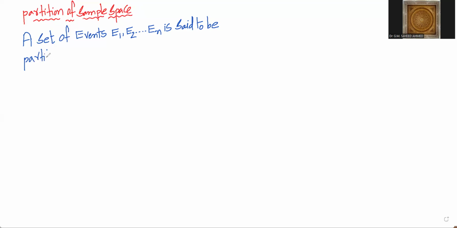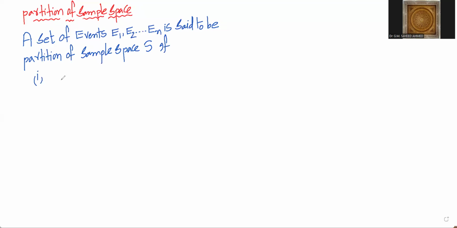A set of events E1, E2 and so on En is said to be a partition of sample space, capital S, if some conditions are satisfied.